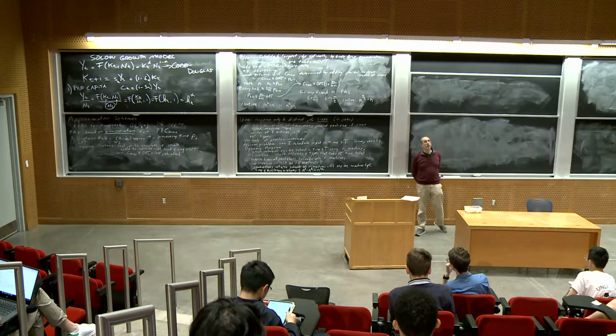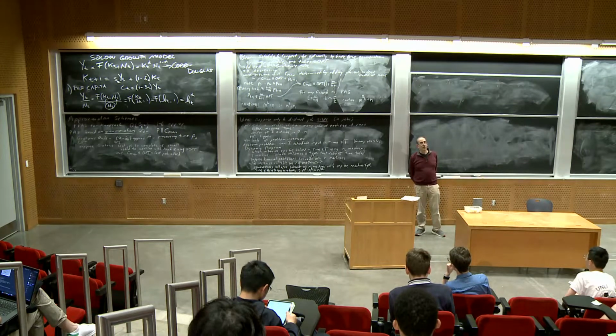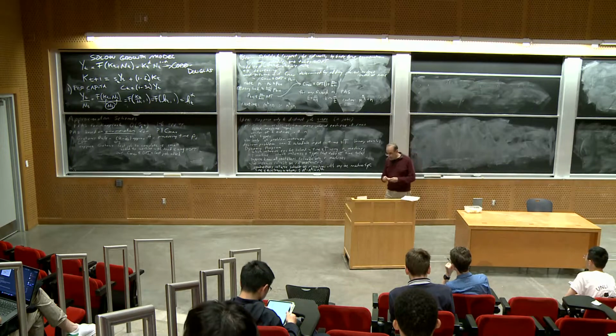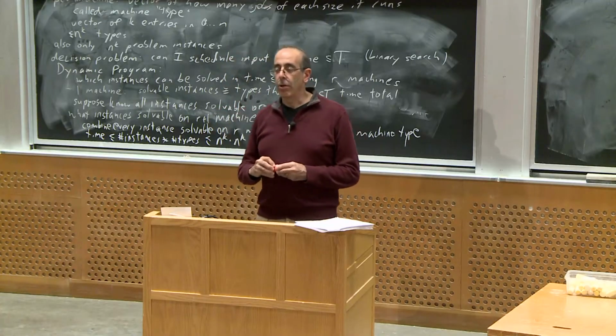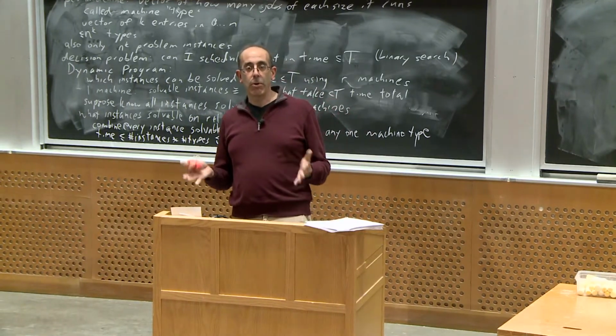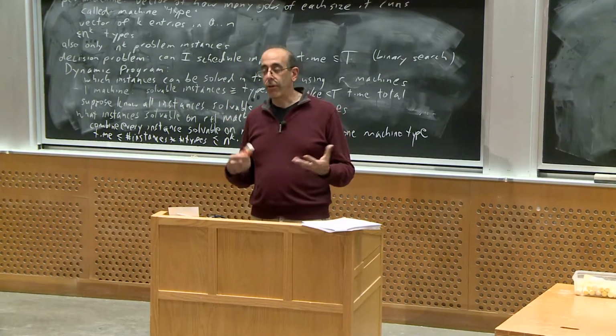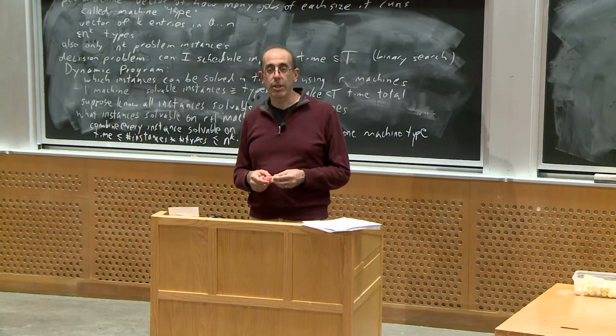I don't think I got the DP transition. Good. So, are we agreed that it's pretty easy to figure out which instances can be solved on one machine? Okay, so how do we figure out which instances can be solved on two machines?